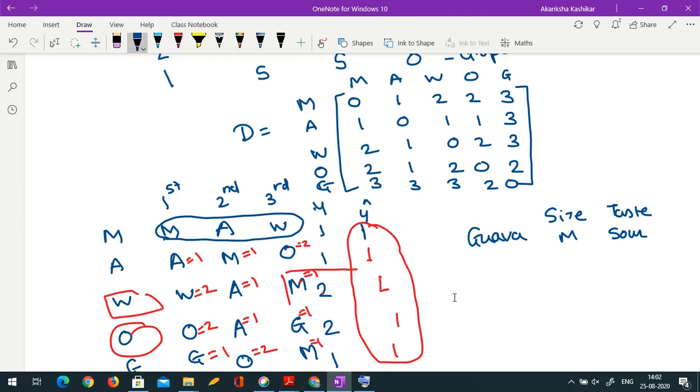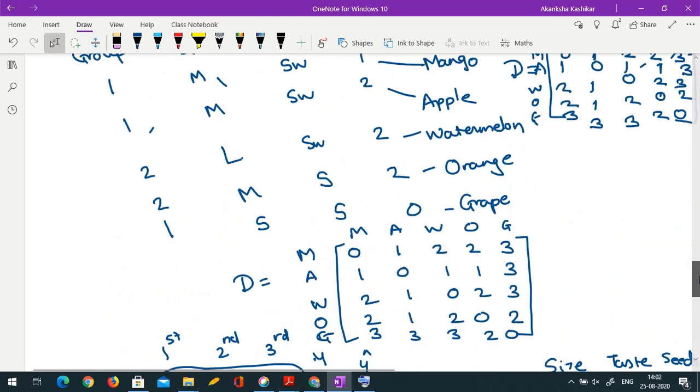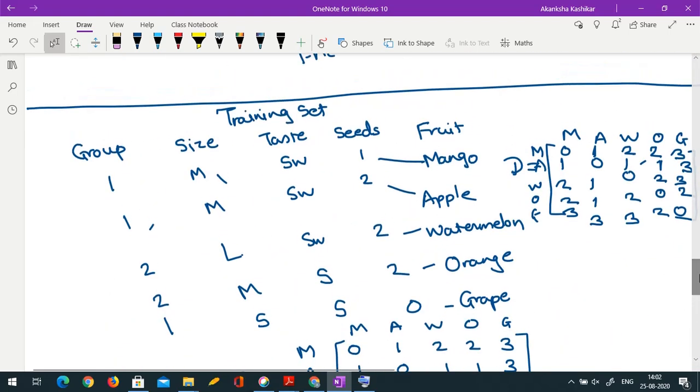And then number of seeds is going to be multiple, so 2. So now I have to take the distance of guava from each of the original observations and then decide which are the 3 nearest neighbors. So let me write down here my new observation is medium size, sour and 2 seeds.